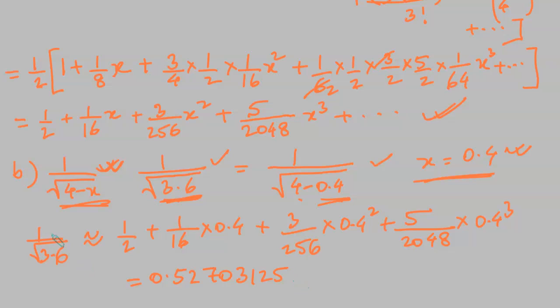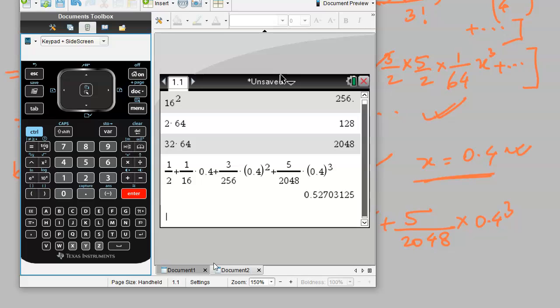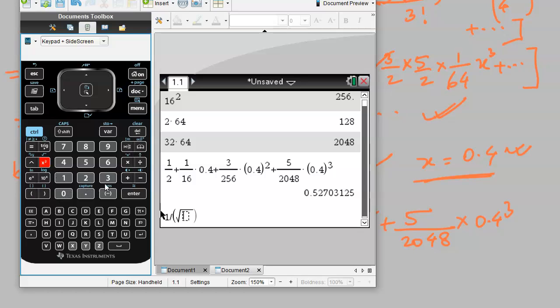And let us see what the answer is if we directly feed this into the calculator. What do we get as the answer? 1 divided by under root 3.6.